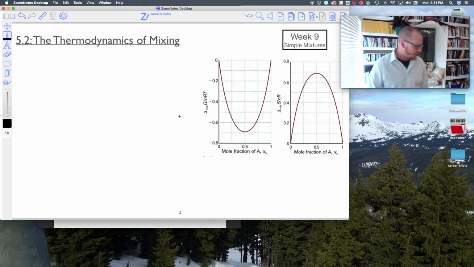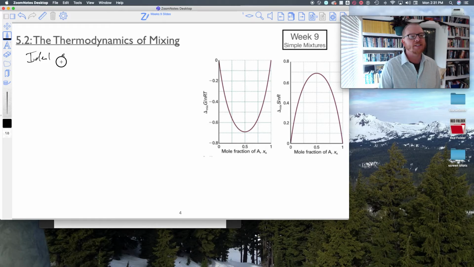Alrighty. So the thermodynamics of mixing. I'm not going to spend a lot of time deriving these equations here. But what I do want to talk about with respect to ideal gases is going to create our basis for understanding the thermodynamics of mixing. When you mix ideal gases, it is always spontaneous.